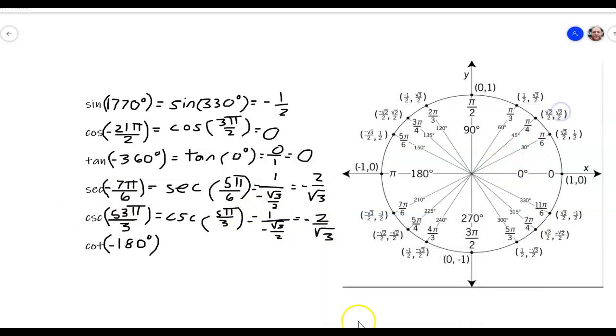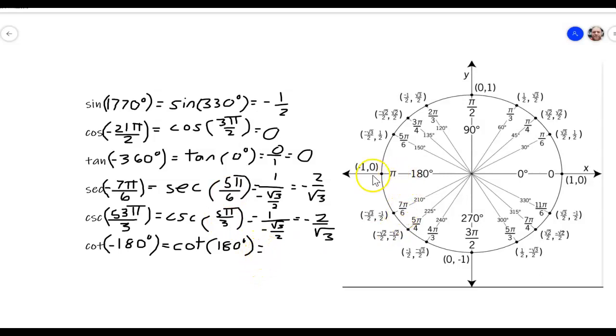All right, last one here. All right, so using the coterminal properties to change that to the cotangent, adding 360 degrees to negative 180 will bring that to positive 180 degrees, and the cotangent is x over y because the tangent is y over x, so the cotangent is x over y.